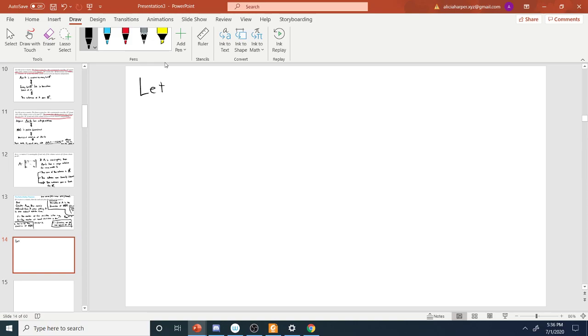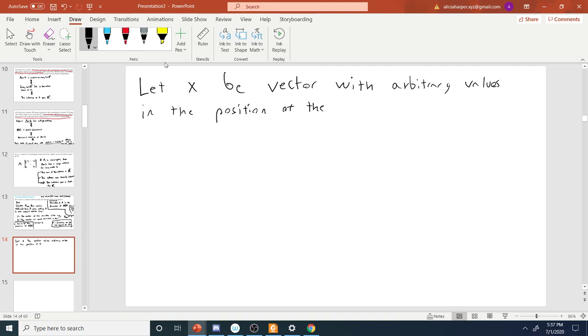Let x be a vector with arbitrary values in the position of the free variables.